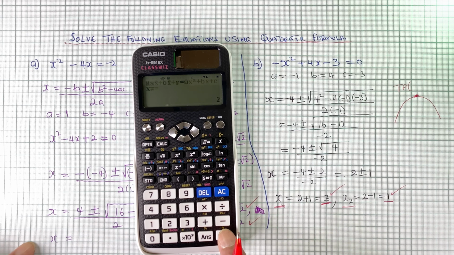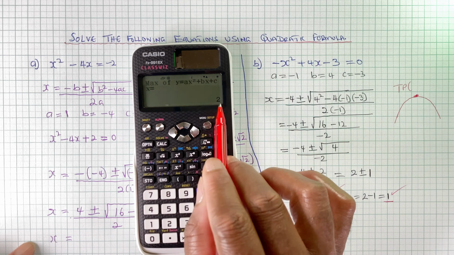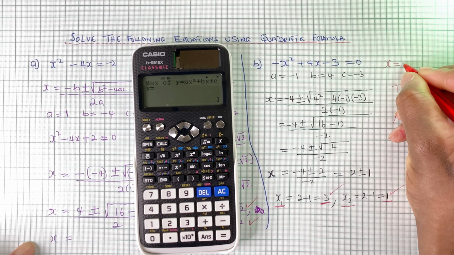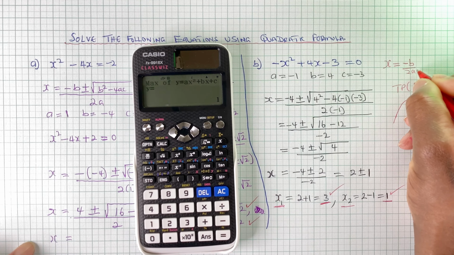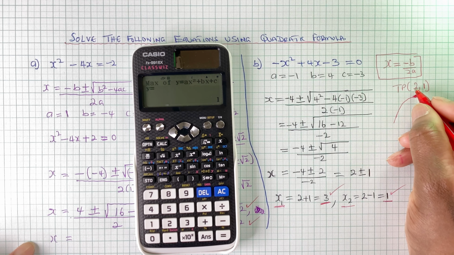So if you press equals again, it will say maximum, x is 2, so that's x is 2 at the maximum, and press equals again, y is 1. So the coordinate at the maximum, and you can find it actually by doing x equals minus b over 2a. That will give you the x value of the turning point.